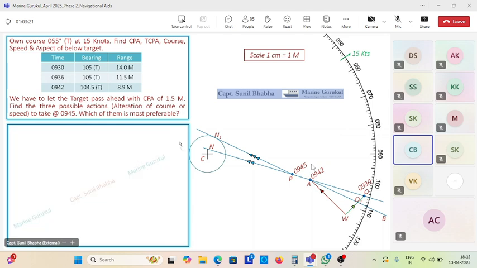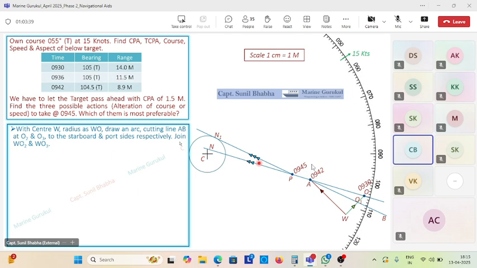Let us now see if we can attain or achieve the desired CPA using an alteration of course also. Now to find out the alteration of course, we pick up our compass. We open up our compass equal to the length of vector WO.